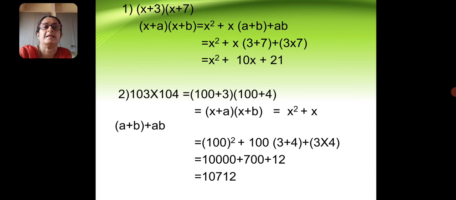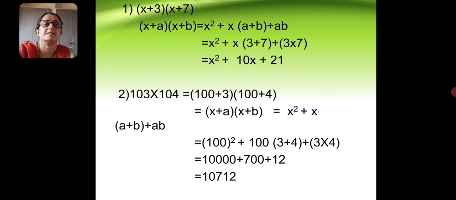Now next one, using three variables, that is x plus 3 and x plus 7. So here x, 3 and 7, three variables or three numbers are there. So using the last identity we are going to solve this. So x is considered as x only, 3 as A and 7 as B. So what formula are we going to use? That is x square plus x, A plus B, plus AB.